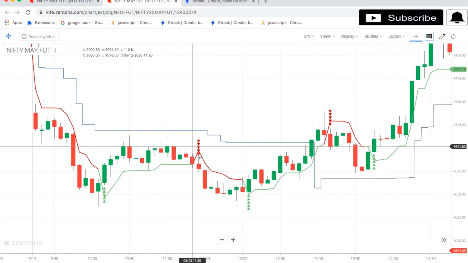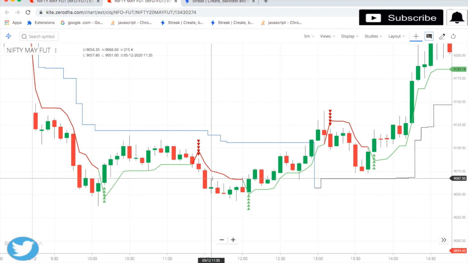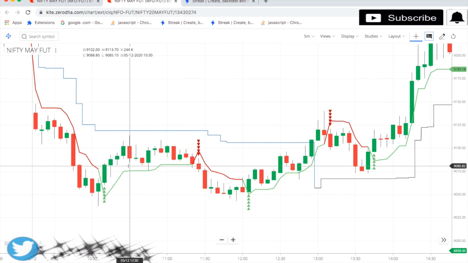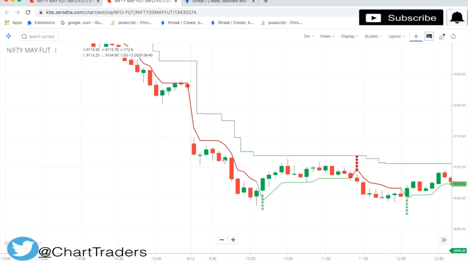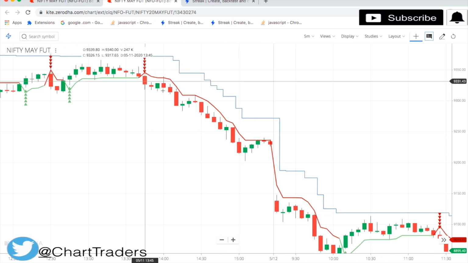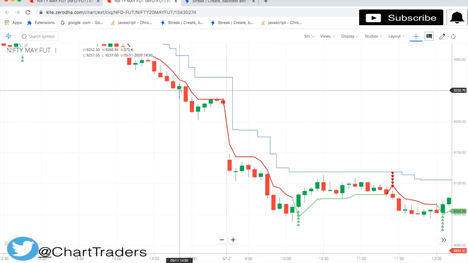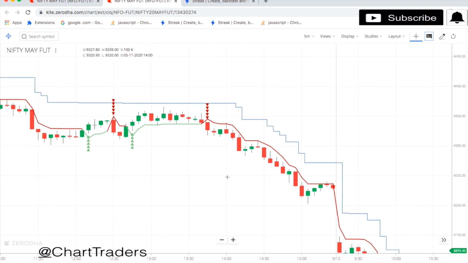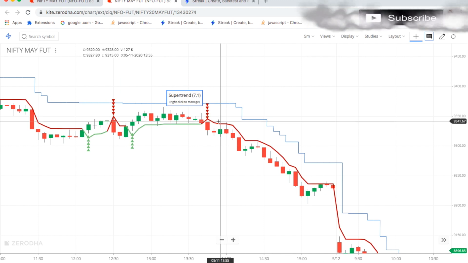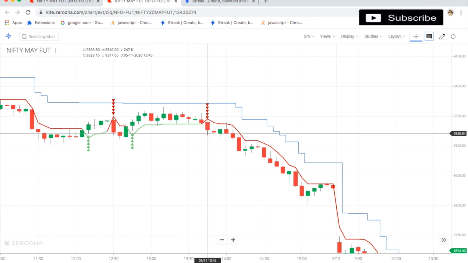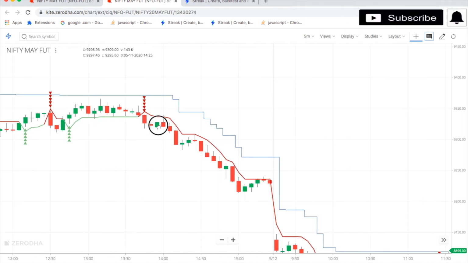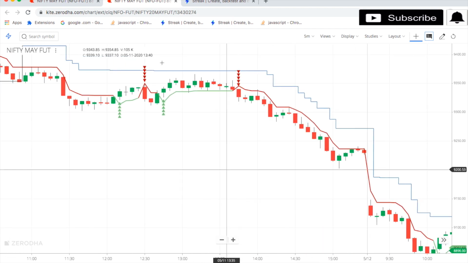Here is a sell opportunity, so we will sell here and we will buy here. Small profit. Here we have a big profit. You can take trades according to the trend. Price is below the blue line and below the Supertrend, so you can sell here and you can ride up to the trend over.